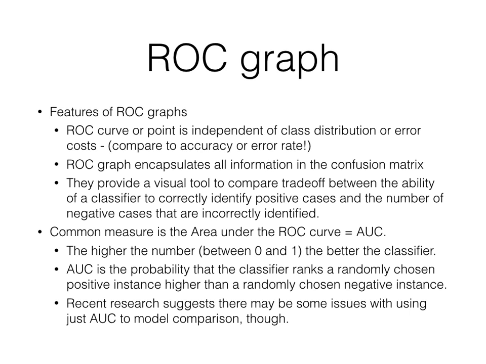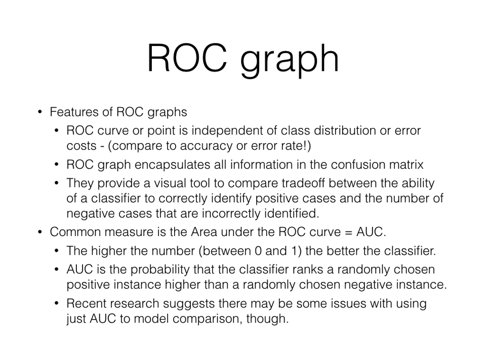So people often use another measure once they've got their ROC curve. If you work out the area under the ROC curve, that's going to be a value between 0 and 1, and it's often called AUC, the area under the ROC curve. So the higher that number is, the better the classifier.